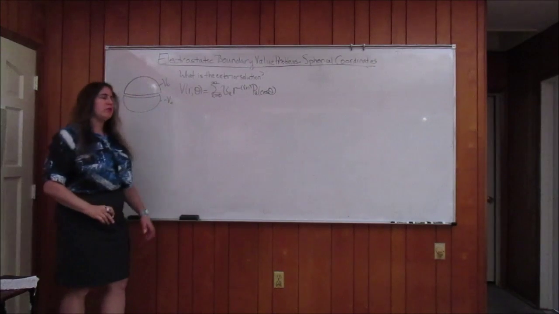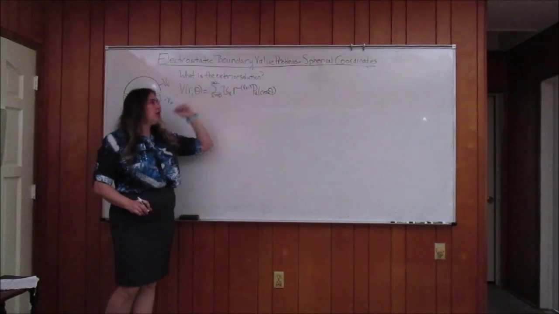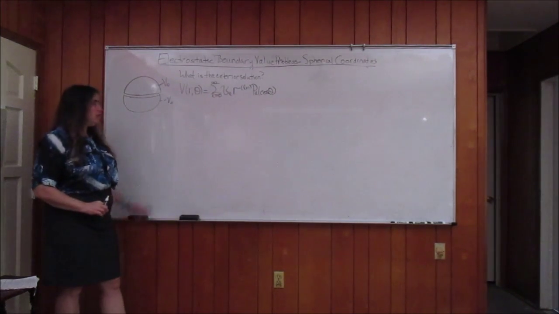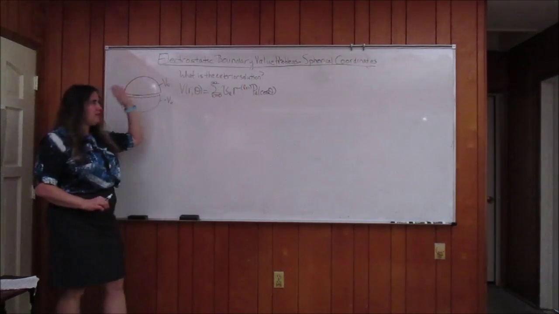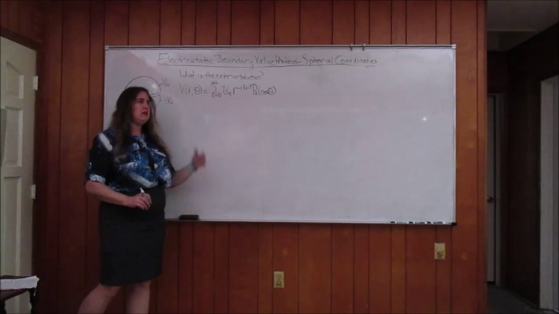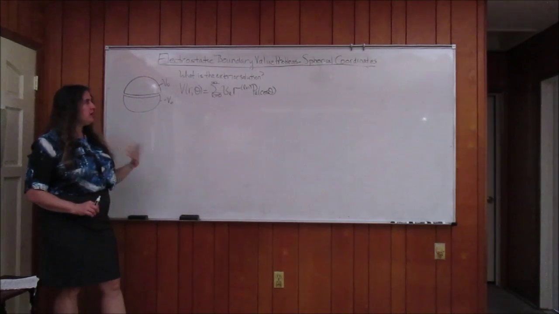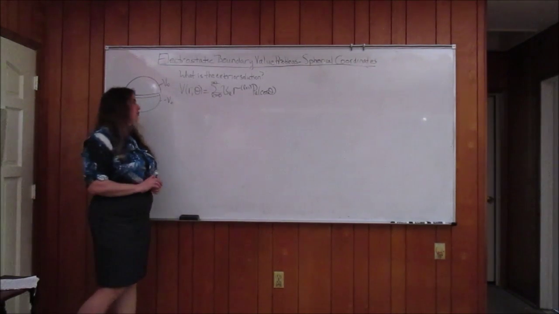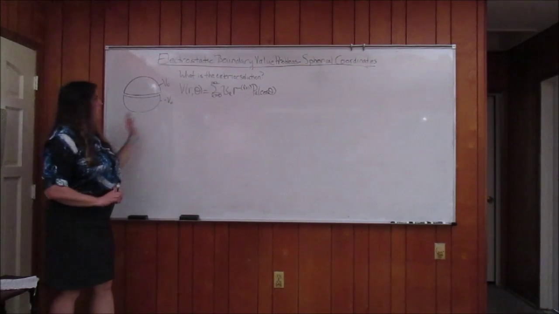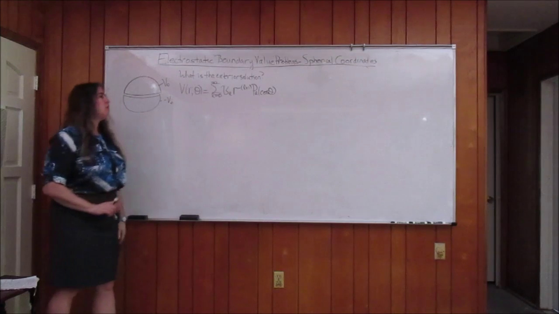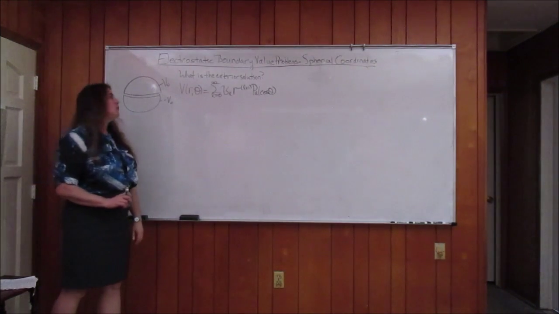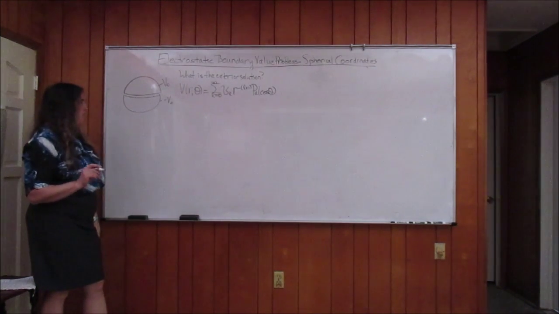It's the summation over L equals 0 to infinity of B sub L r to the minus (L plus 1) P_L of cosine theta. Notice I've discarded the A_L terms because I know my solution has to remain finite, and any kind of r to the L term would blow up as r approaches infinity. Here, unfortunately, I'm not going to wind up with just a simple expression. I will wind up with a series with an infinite number of terms in it.